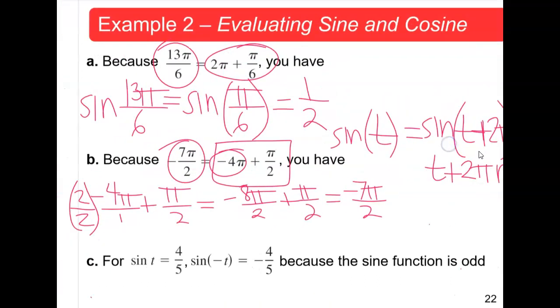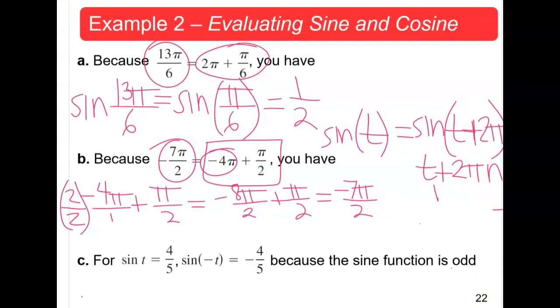So in this case, the letter n is negative. So n is negative 2. So this was t plus 2 pi times negative 2. And so that was t plus negative 4 pi.